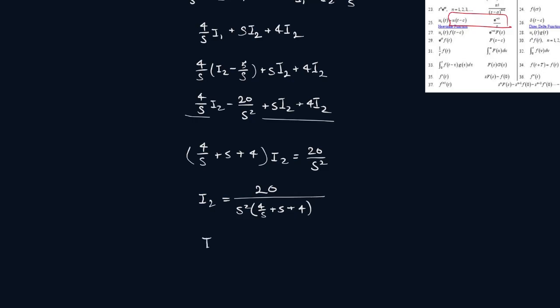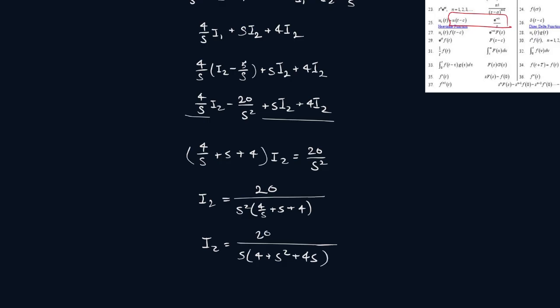So it's going to be 20 all over 4S plus S cubed plus 4S squared. Okay. Actually, let's only put in one S in there. Okay. So we'll just put S times 4 plus S squared plus 4S.